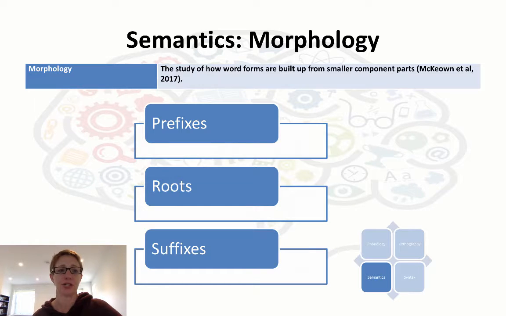So if we think about the word interpret, if we teach children what it means to interpret, then when they hear words like interpreter, interpretation, misinterpretation, reinterpretation, they understand the base of those words. They understand what it means to interpret.